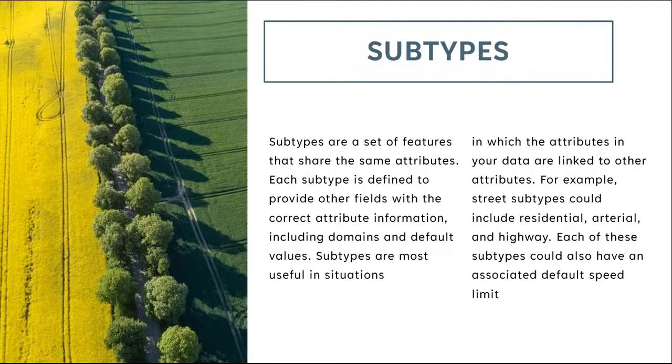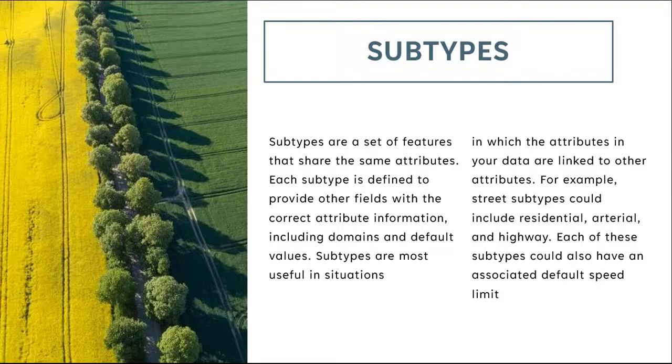Each subtype is defined to provide other fields with the correct attribute information, including domain and default values. Subtypes are most useful in situations in which the attributes in your data are linked to other attributes. For example, a street subtype could include residential, arterial, and highway. Each of these subtypes could also have an associated default speed limit.